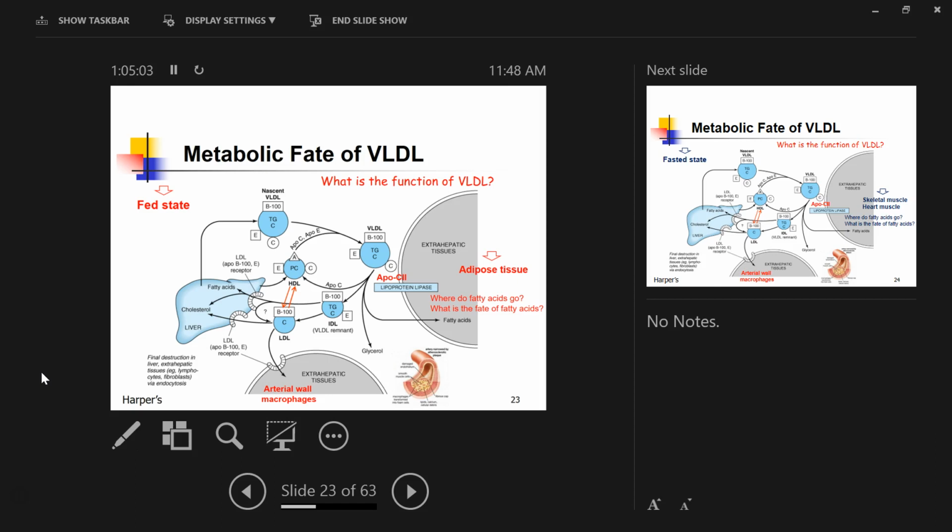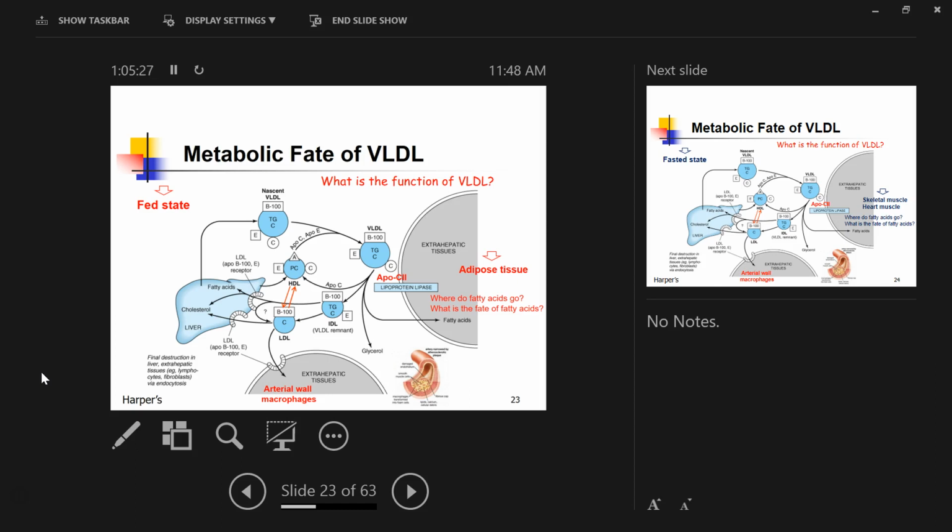IDL continues losing triglyceride and eventually becomes the cholesterol ester-rich lipoprotein, LDL, which is picked up by the liver and other peripheral tissue cells.